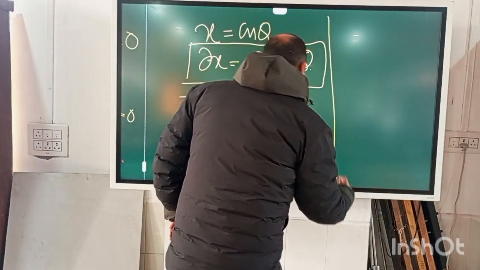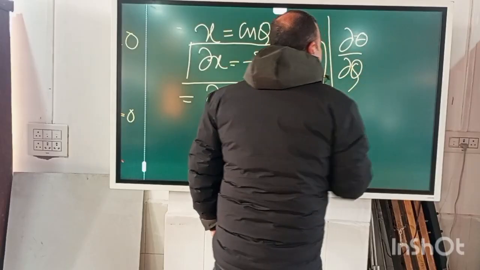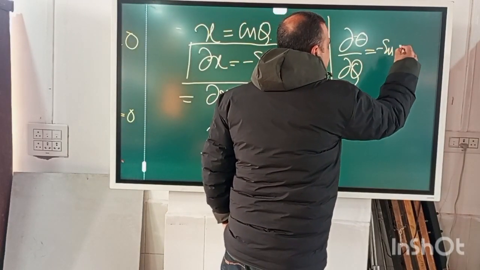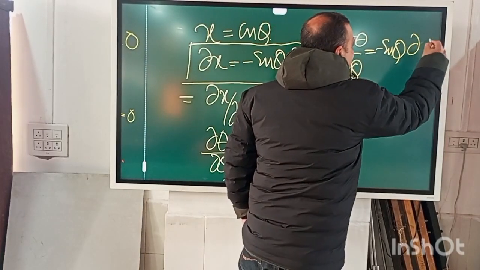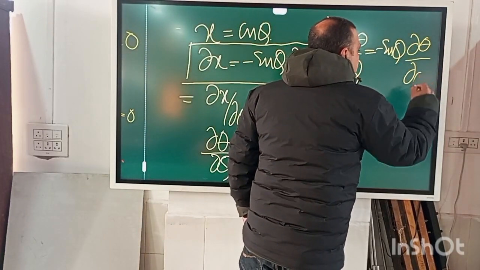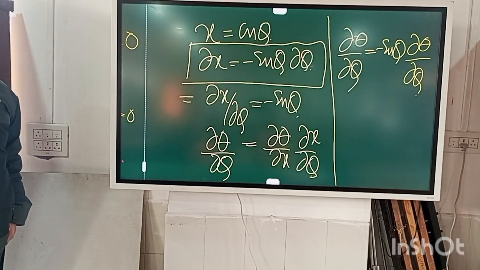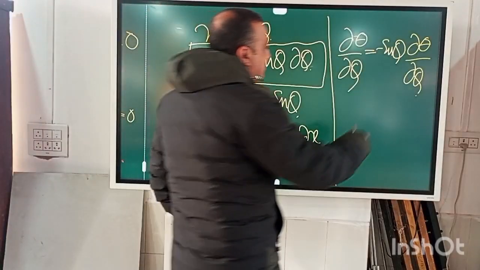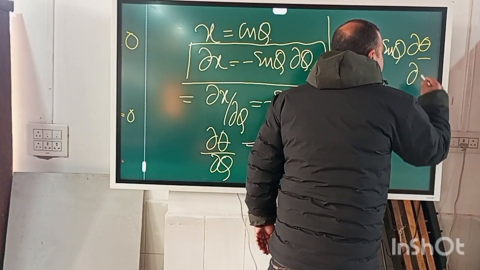What will I get? Dou capital theta by dou small theta is minus sine theta dou capital theta by dou x. Yes, you're right, dou capital theta by dou x.